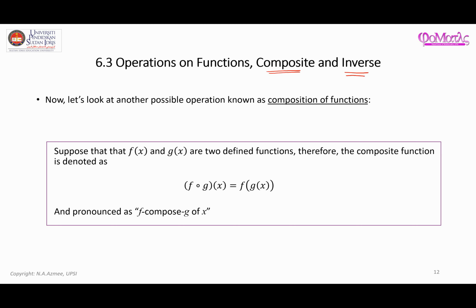Suppose that you have two defined functions, f(x) and g(x), and therefore the composite function is denoted as f compose g of x, where basically it is saying that I have to substitute g(x) into x in that function f. Perhaps it will be much clearer if you look at an example.